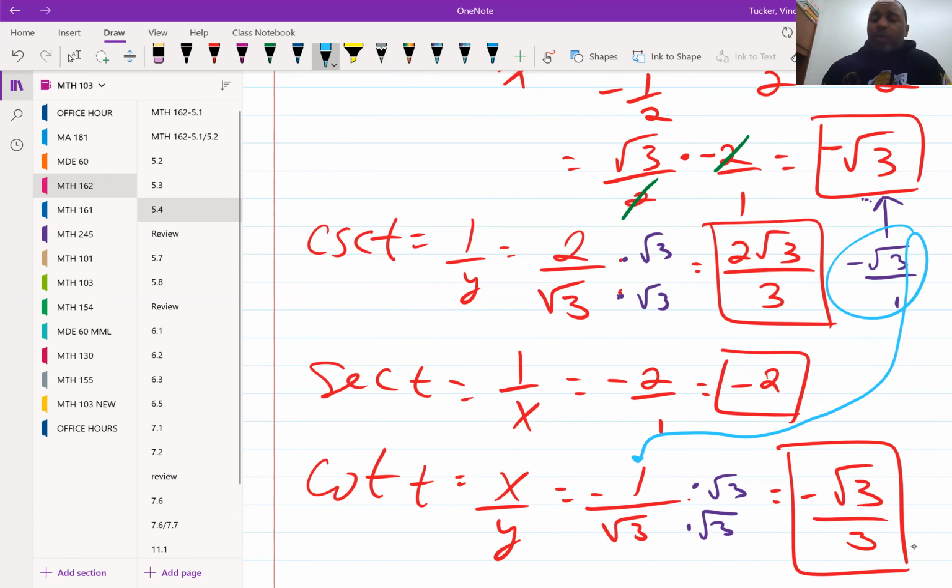Rationalize your denominator with the square root of 3, and so that gives you negative square root of 3 over 3. All right, questions? Any questions?